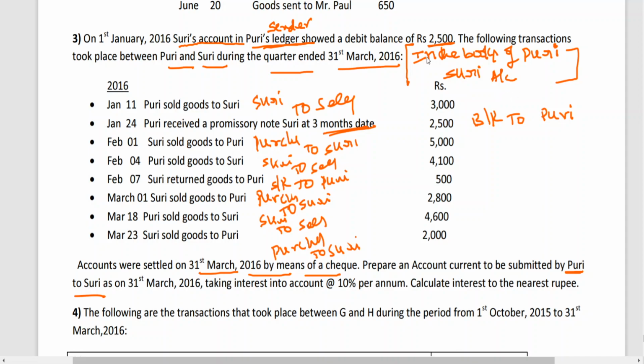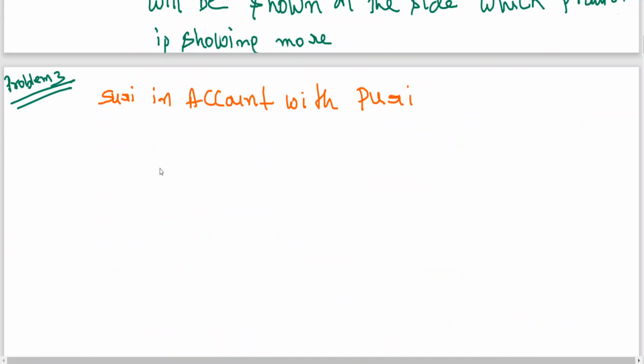In the books of Puri, which account am I opening? The Suri account. Suri in account current.